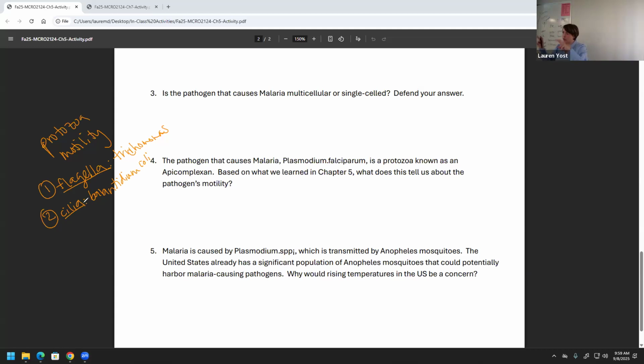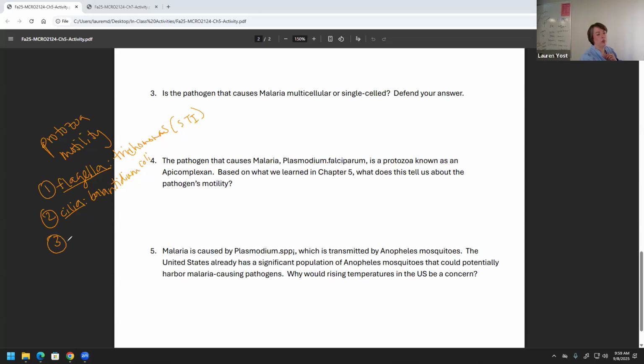We call it trich as the disease, right? It is an STI. I'm trying to give an example of each of these. There's plenty. Like you guys probably heard of Giardia, maybe. Giardia is flagellated.